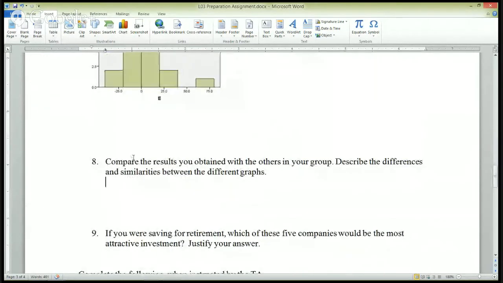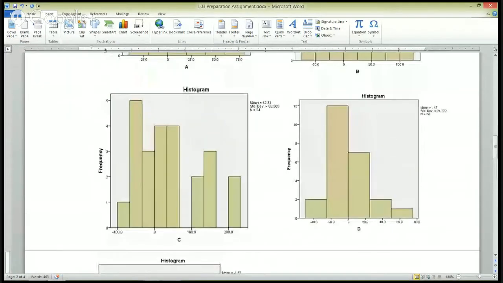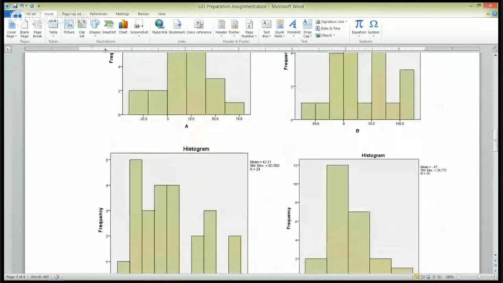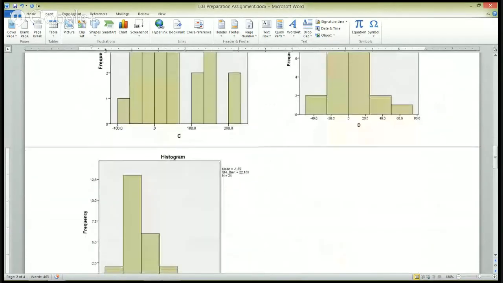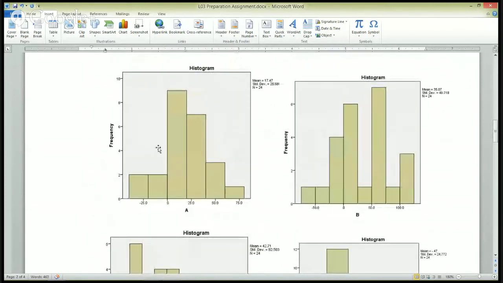All right, let's go over similarities and differences. So what are we looking at here?